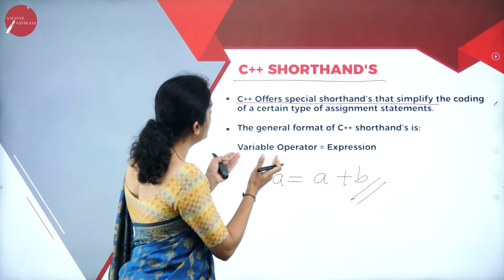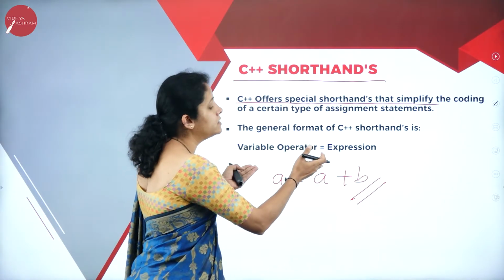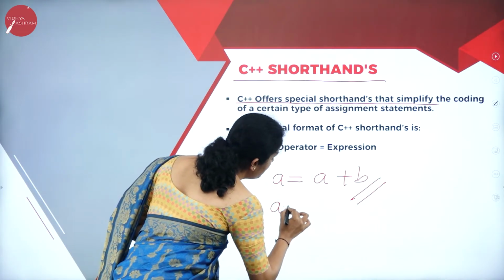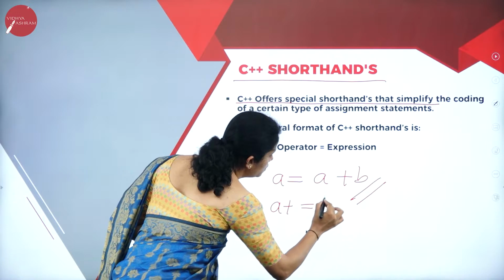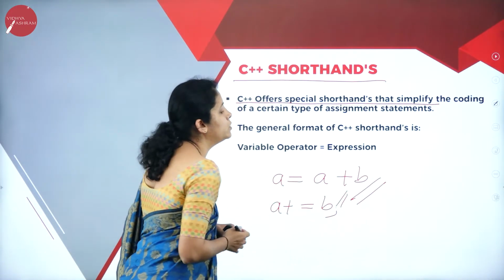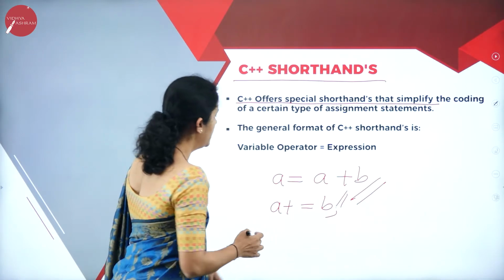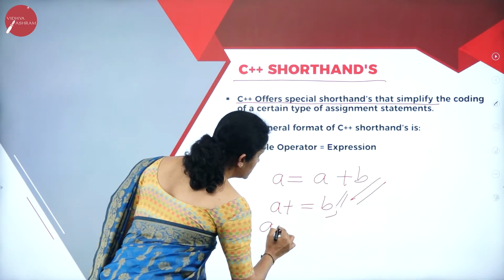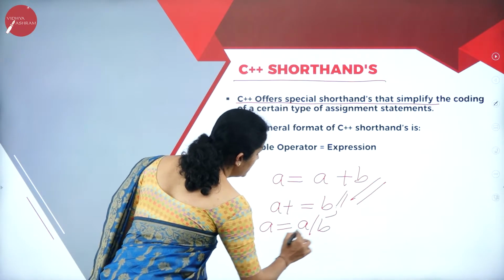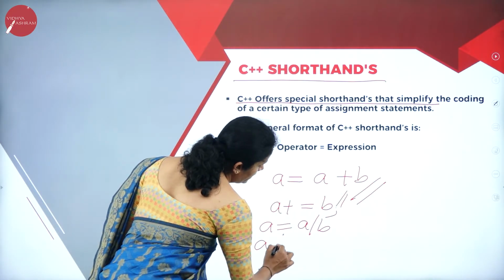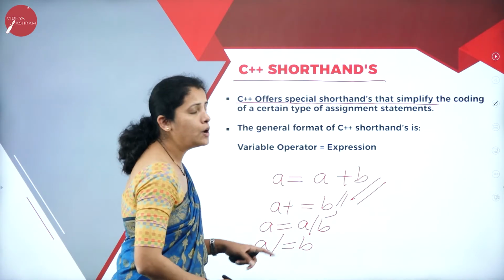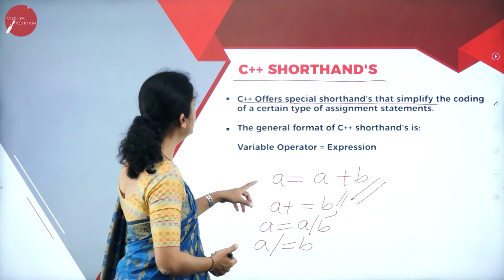Now I want to make this expression small. How can I make it? That is A plus equal to B. So this is equal to A plus B. If I consider another example, A equal to A divided by B, then I can write A slash equal to B. So both are valid statements here.